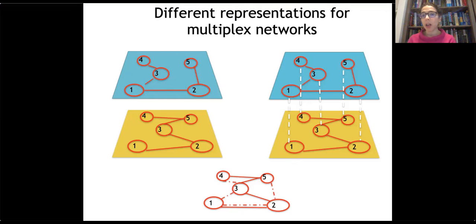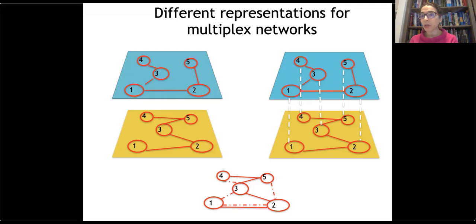So for instance, if one layer is the bus transportation network and one layer is the tube transportation network, you might want to associate a cost to switch from Oxford Street tube to Oxford Street bus station.